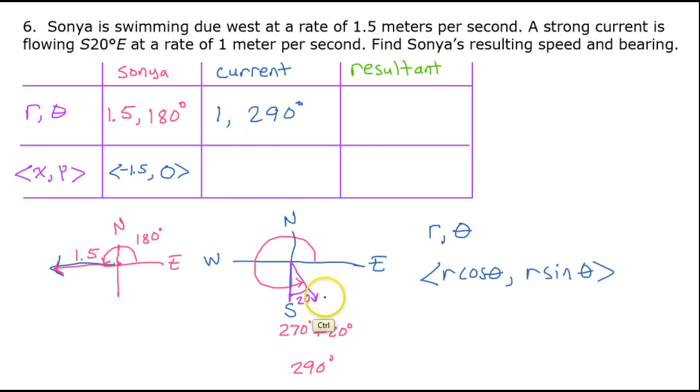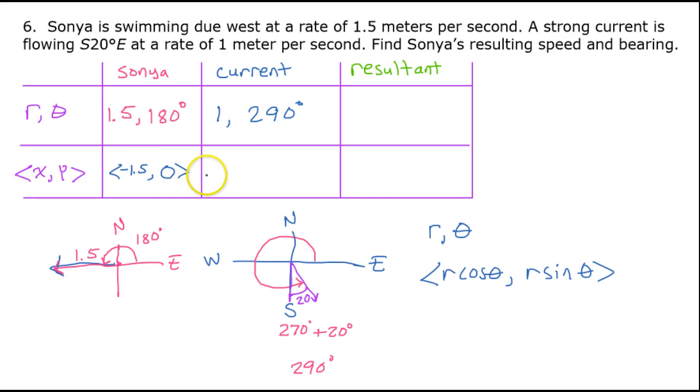But for the current, which is not on one of the cardinal directions, north, south, east, west, this is when we will do r cosine theta, r sine theta. It'll be a little bit easier because the radius here is 1.